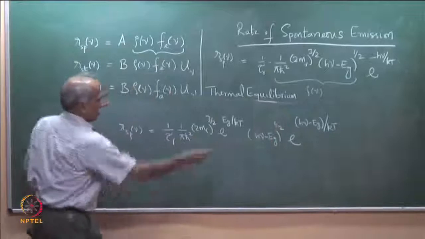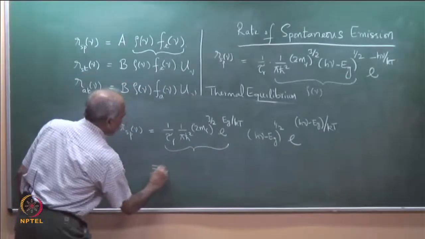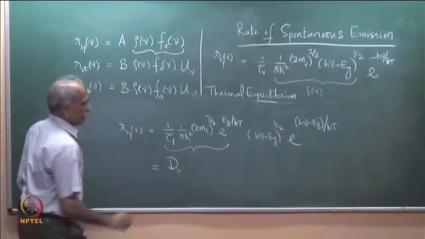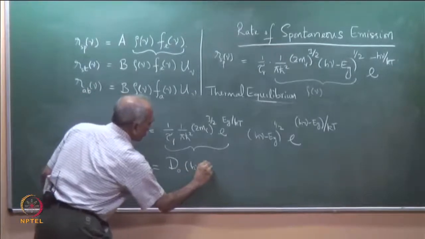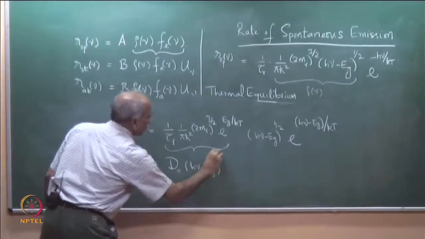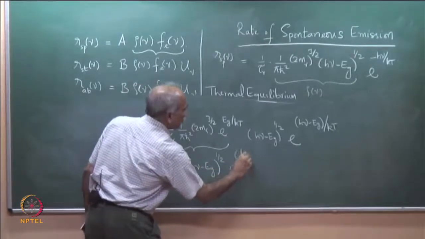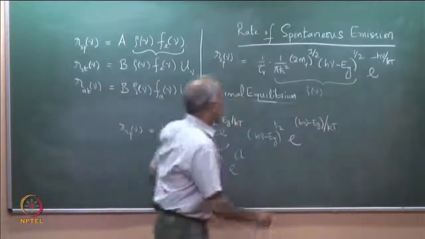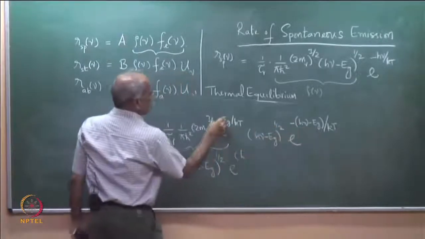So, this constant here, if we call it as some constant d or d0, then this into h nu minus Eg to the power half into e to the power minus h nu minus Eg by kT. Oh, this is minus, so minus minus plus, so I should have minus here.